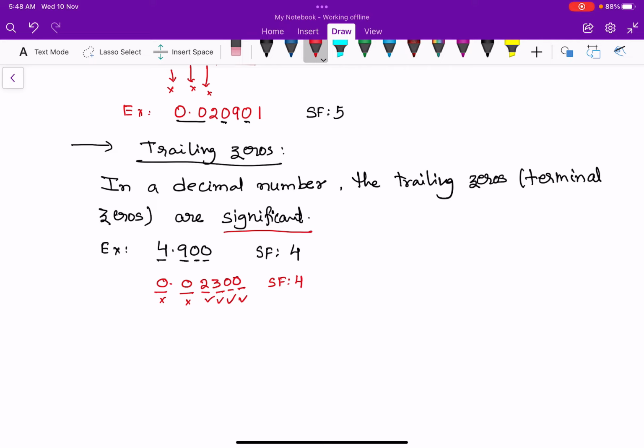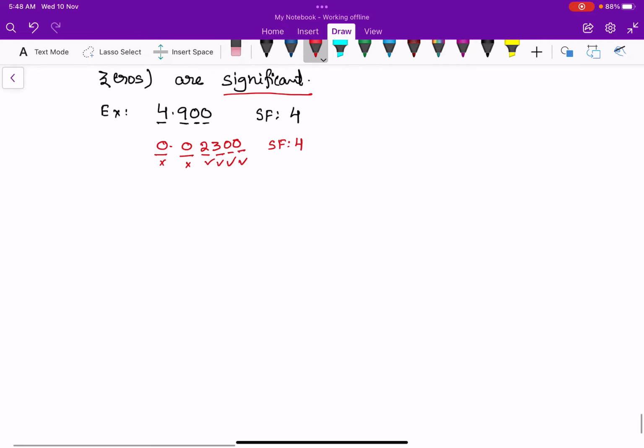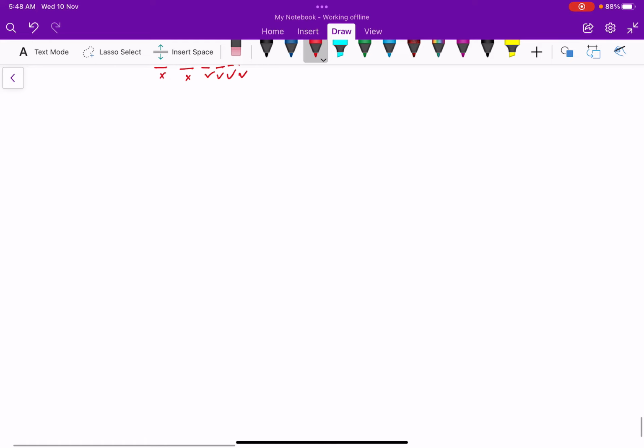Okay, so this is about simple trailing and leading zeros counting, right? How to observe the change between decimal and non-decimal? Only one difference is there.